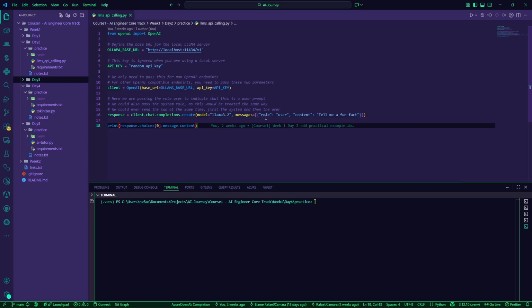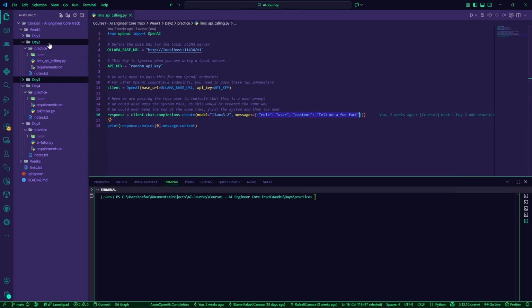Okay. I'm not passing any system prompt, so I'm not defining any rules of the game as we said before. I'm just passing here a role user and as content, tell me a fun fact. By the way, we just did this before on Ollama's UI, okay?